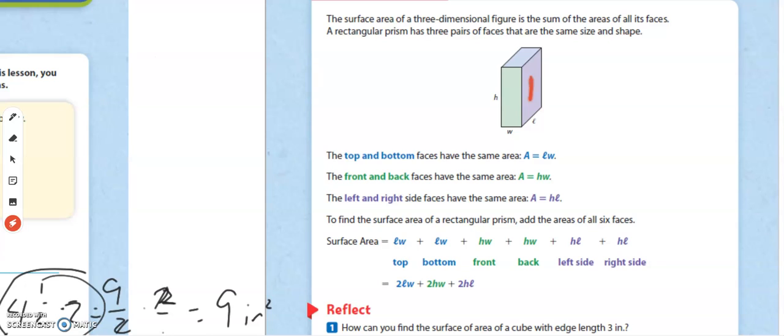And the left and right is here, and the other one's back there, is height times length, because the length back there is the same.